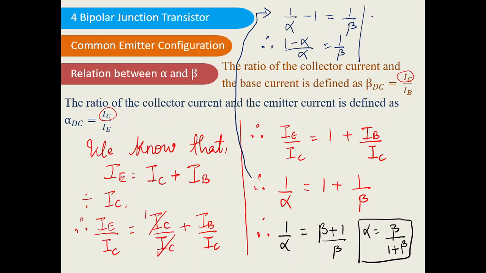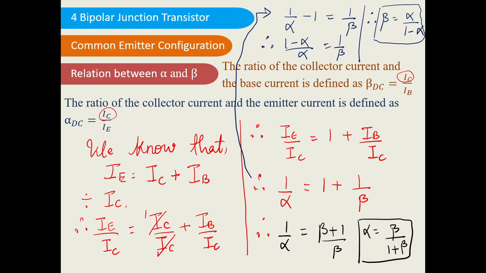So beta is equal to alpha divided by 1 minus alpha. Given the value of alpha, you can get the value of beta. Since alpha is less than 1, 1 minus alpha is always lesser than alpha, that means beta is always greater than 1.